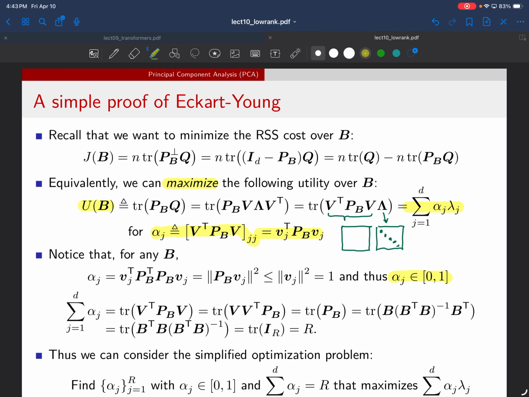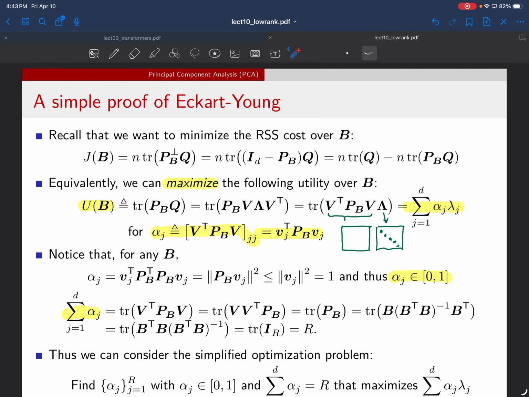Second thing, let's look at the sum of the alpha j's. The sum of the alpha j's is basically just the trace of this matrix, because those are the diagonal elements. And again, because of the trace property, we can move V to the front. And then once it's in the front, because it's an orthonormal matrix, this is identity. So we get this. And now we can expand this into its expression, the projection matrix.